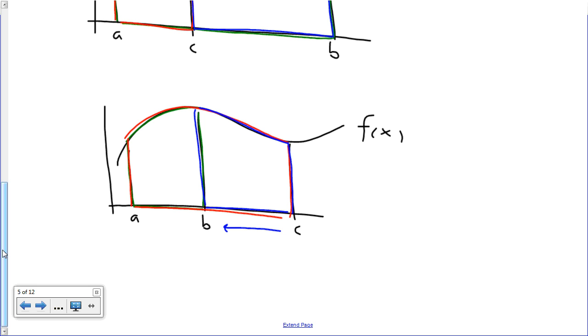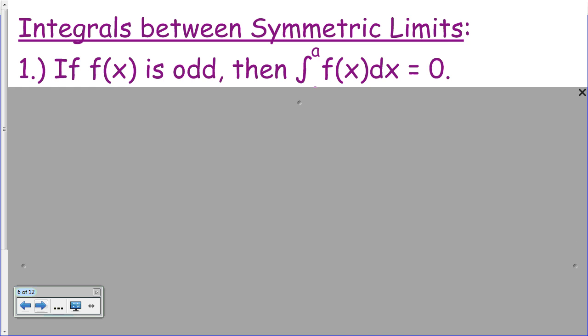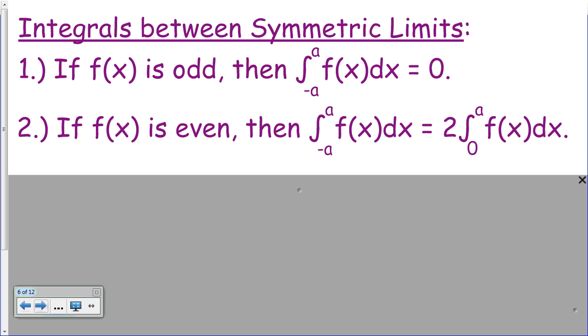Okay. All right. Take a look at the next property. This is the property for the integral between symmetric limits. And when we say symmetric limits, we're talking symmetric around x equals 0. So we're integrating from -5 to 5, or -10 to 10. Or we wrote it as here, -a to a.